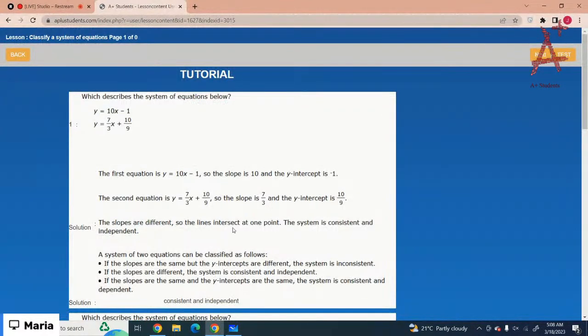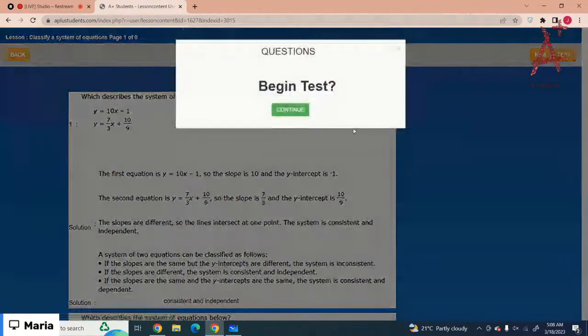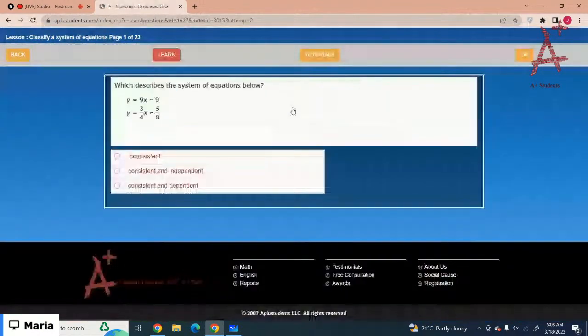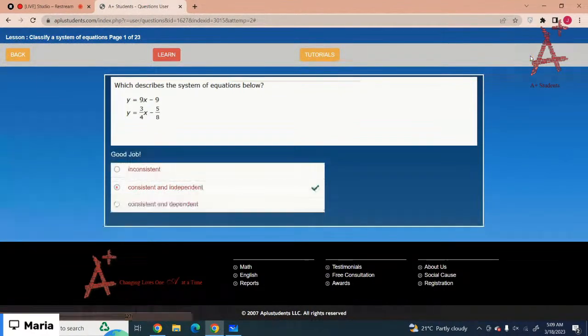They intersect at one point. Got it? Because both the slopes and the y-intercepts are different, the system is consistent and independent. Got it?